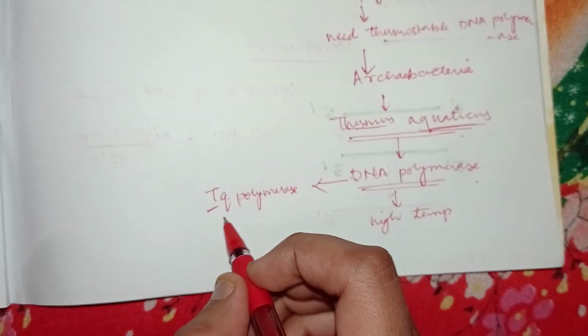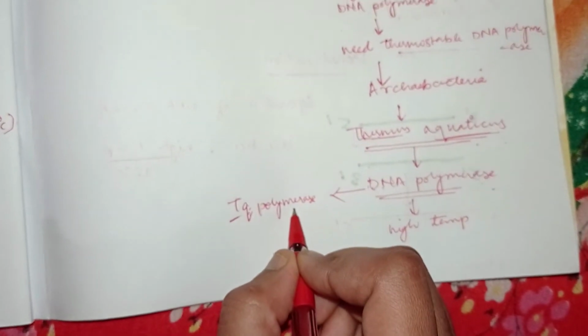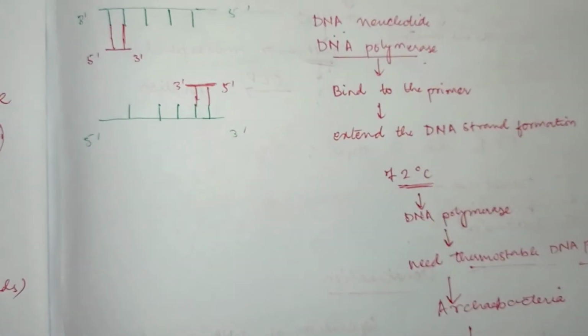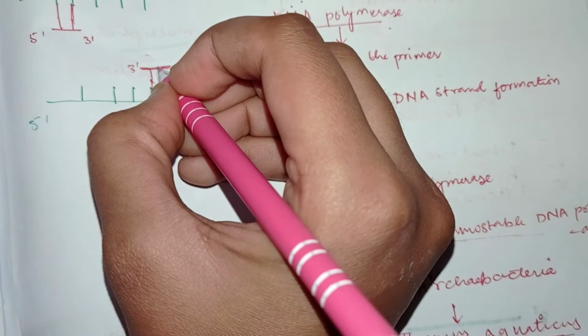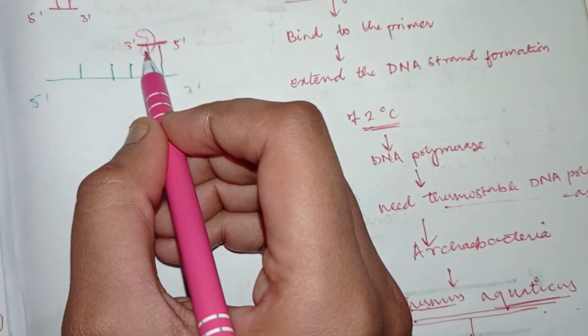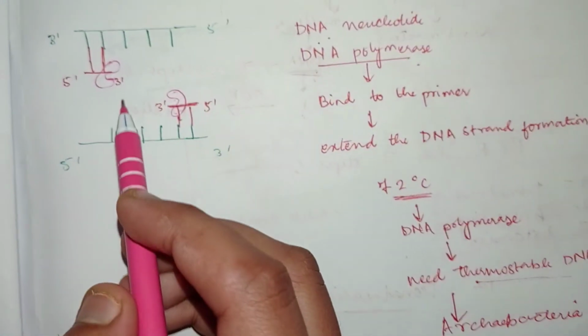So it is also known as Taq polymerase enzyme. Now this Taq polymerase enzyme binds to the primer. Suppose this is the Taq polymerase and it binds to the primer. Here also Taq polymerase binds to the primer.